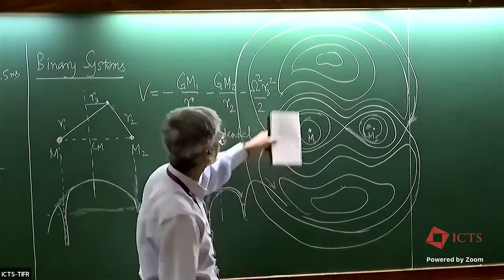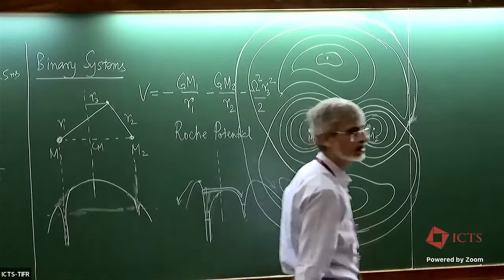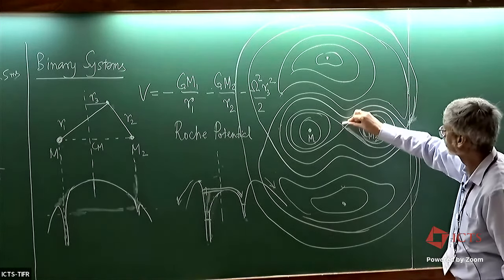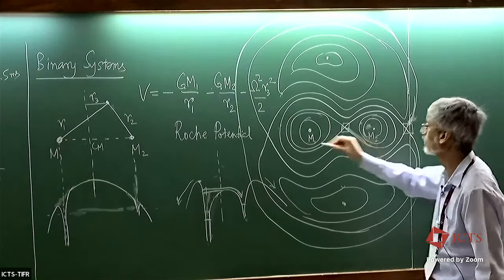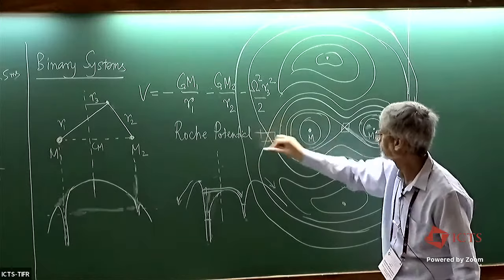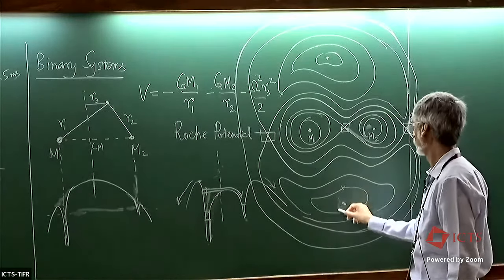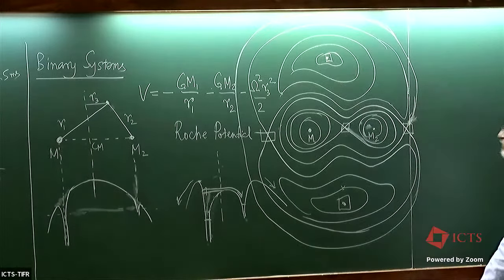You clearly see that you actually approach an inflection point here and there. So there are these special points in the potential. 1, 2, 1, 2, 3, 4, 5. These are called Lagrangian points.